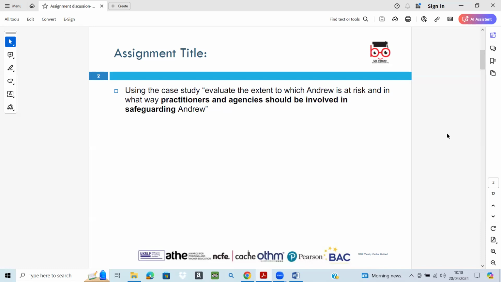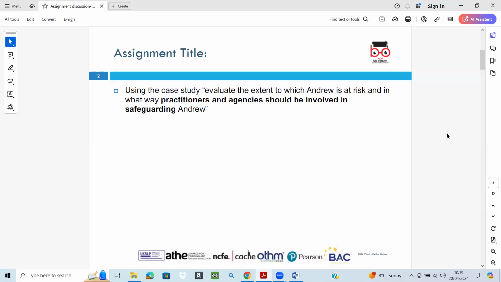The signs could include physical injuries that don't match the given explanation, certain changes in behavior, or fear of any specific individual, because mostly our service users are vulnerable, so they may fear some specific individual, whether we are dealing with a child or an adult. So these signs can indicate potential problems.